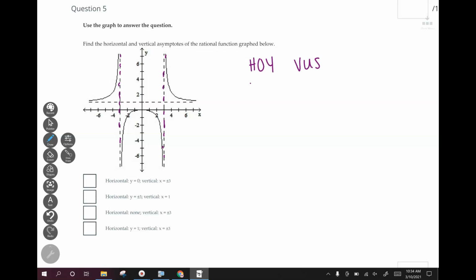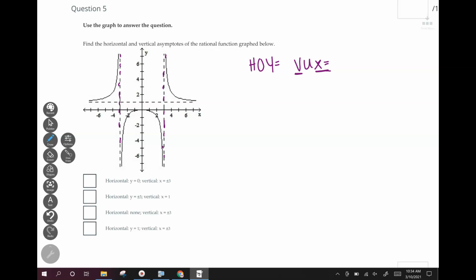So HOY is saying horizontal gives you a y equals. VOX is saying vertical gives you x equals. Okay, so since we're looking at vertical, we should have x equals.